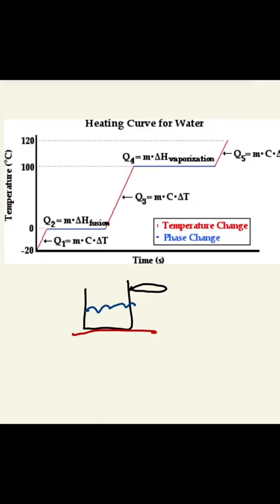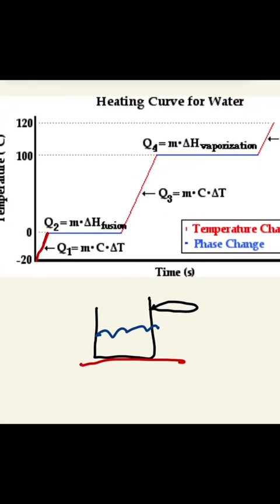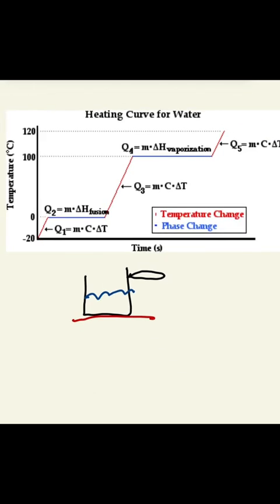We heat it up until it gets to 0 degrees. Everyone knows that the melting point of water is 0 degrees. So at this point, the water starts to melt. While the water is melting, we're still adding energy into the system.